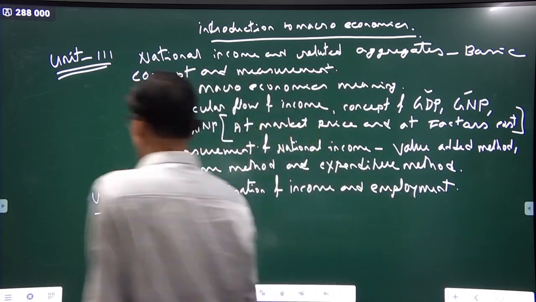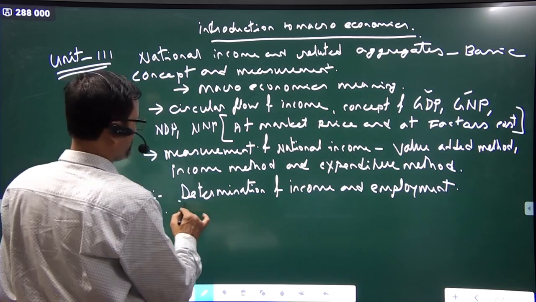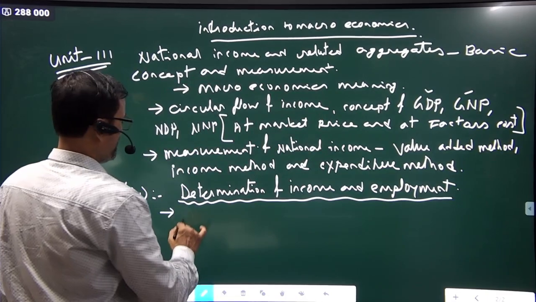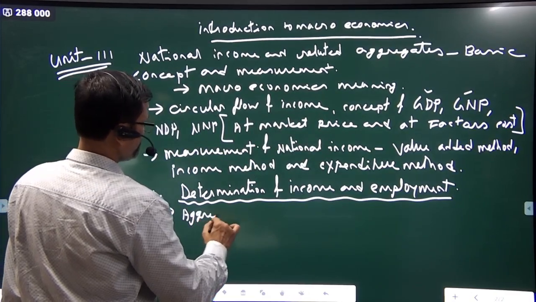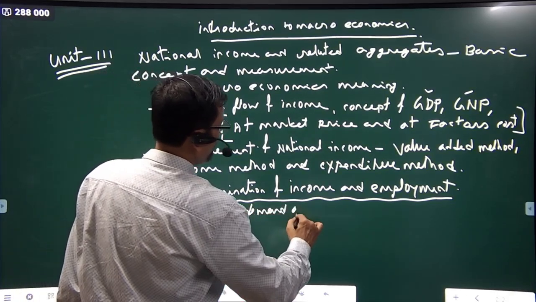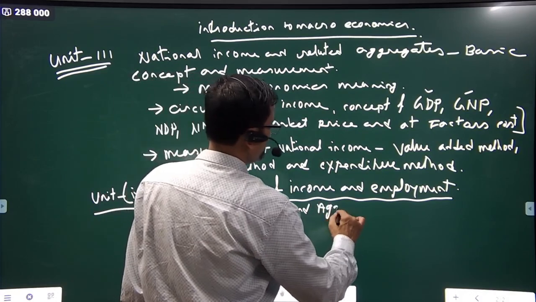What are these? Aggregate demand and aggregate supply, there are different subheads given.